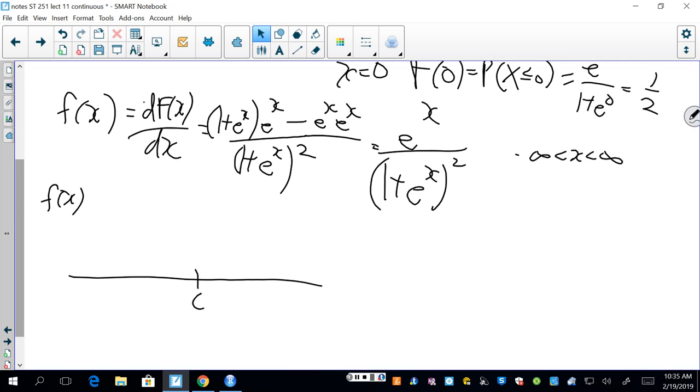So let's put 0 here in the middle. This particular graph happens to look kind of like a bell-shaped curve. It's a little bit different in the tails, what it does in the extreme, but it's kind of like a bell-shaped curve. It's symmetric about 0. I didn't draw it too well there, but this is the cumulative distribution function for the net.